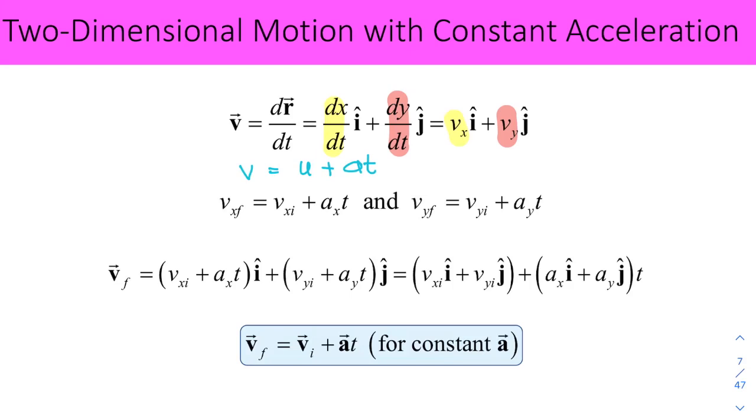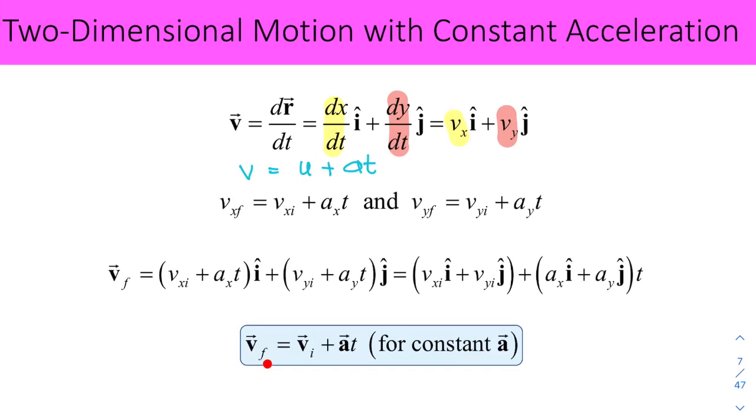You may rearrange. You collect every single item of V in one parenthesis and every single item of at in one parenthesis. It can also be done like this. So when you have this pattern, it can simply be written as this: V final equals V initial plus at.